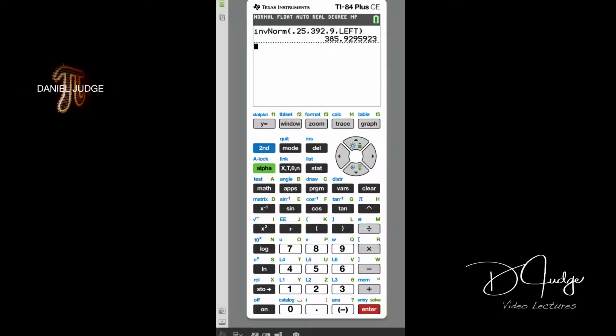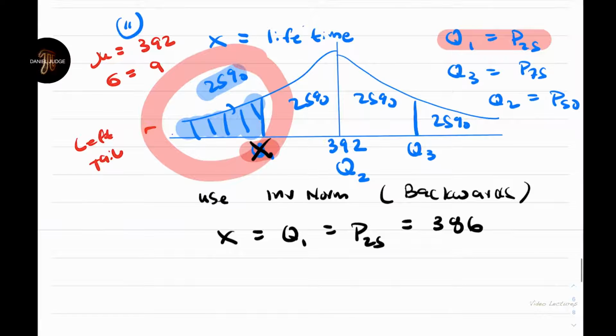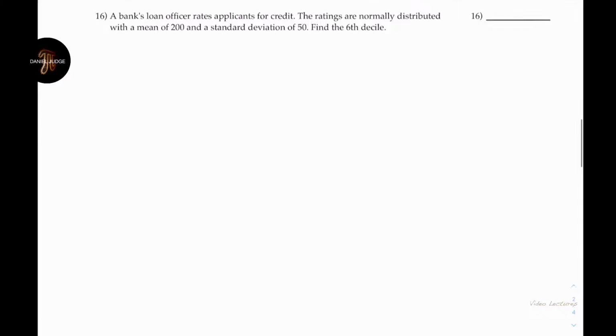All right, that's my X value. So nevertheless, X, which is that Q1, which is P25, was 386 as a whole number. So this is what they're looking for here. They ask for that threshold first quartile value, 386. So let's see if the publishers got it right.